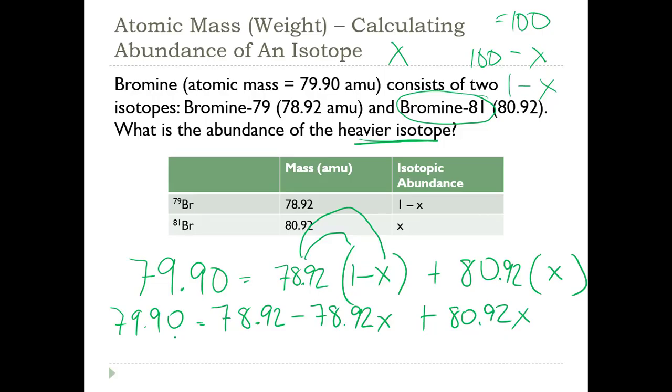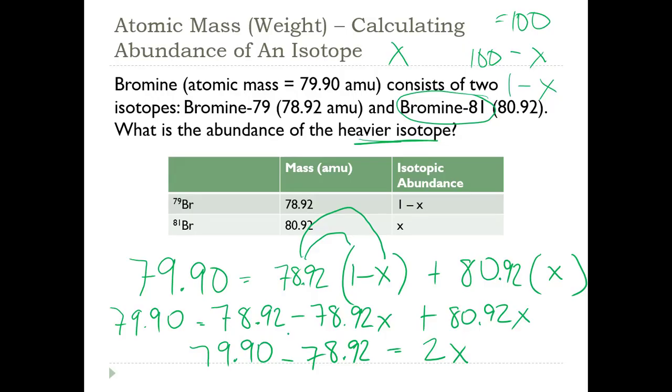We could subtract 78.92 from both sides. So 79.90 minus 78.92 is equal to, if we combine these terms, negative 78.92x plus 80.92x, we would be left with 2x.